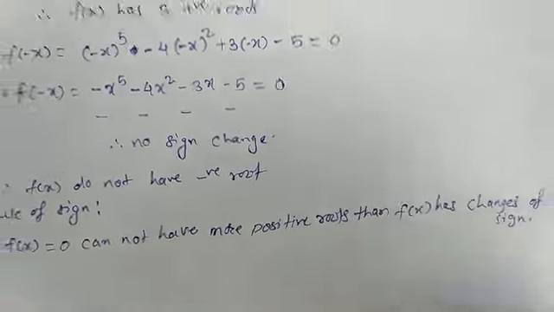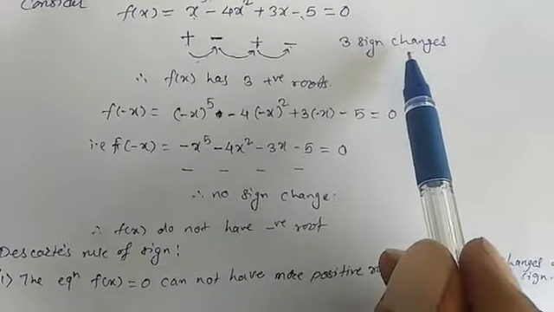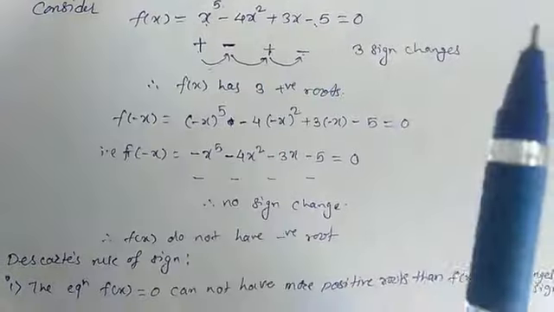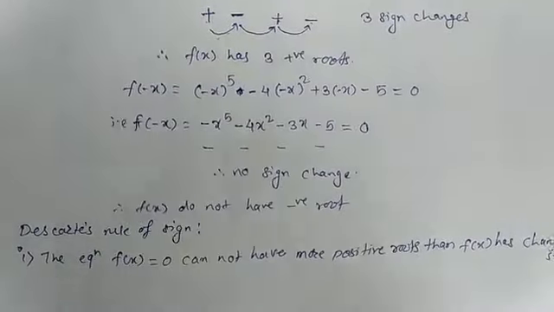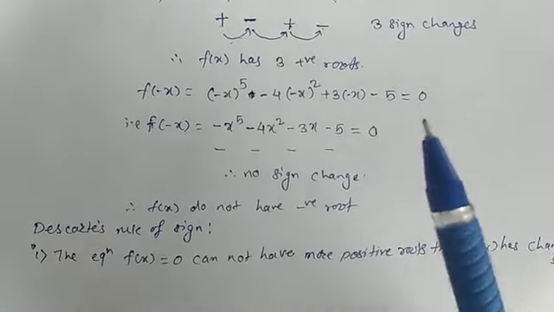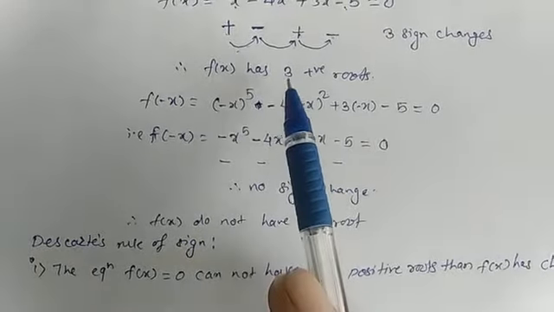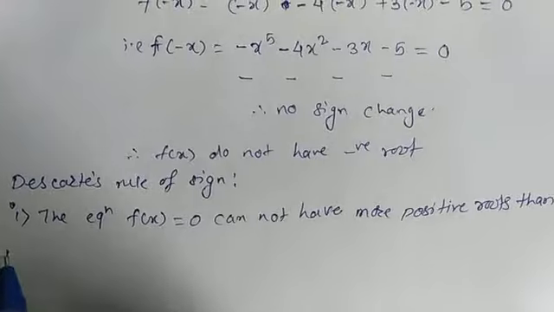Okay, that means in that example there are 3 sign changes, so it will have only 3 positive roots. It will not have 4 positive roots. It will consider only 3 positive roots.